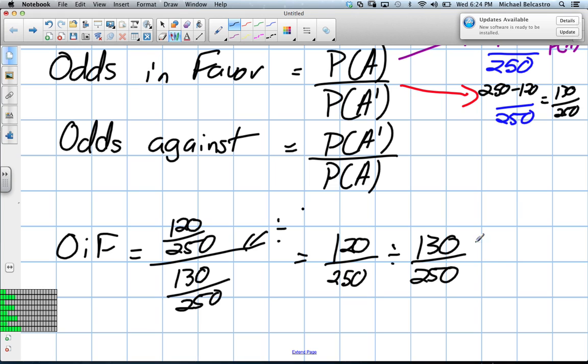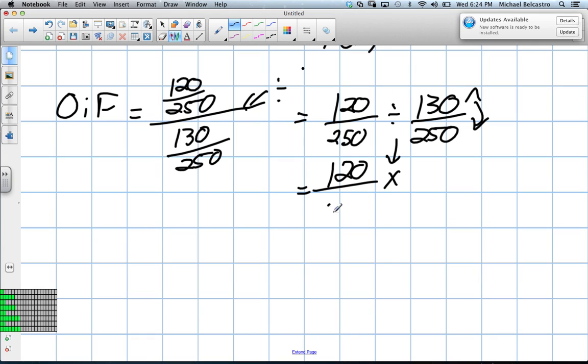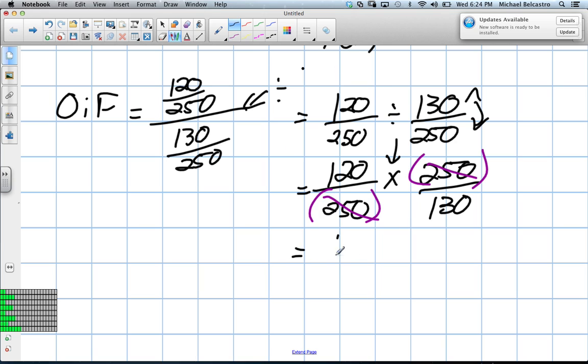When we divide fractions, we invert and multiply. So we then have 120 divided by 250 times 250 divided by 130. Because we're multiplying, we're going to have 250 on top and 250 on the bottom. These two will cancel out. So we'll be left with 120 divided by 130. And then to reduce that, a 12 in 13 chance. So those are the odds in favor of choosing a dance song.